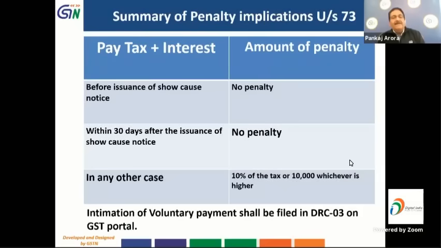Then if the notice has been issued invoking the provisions of section 73, if he pays the tax and interest and submits the intimation of voluntary payment on DRC-03 electronically on the GST portal, in such case no penalty will be leviable on such person.